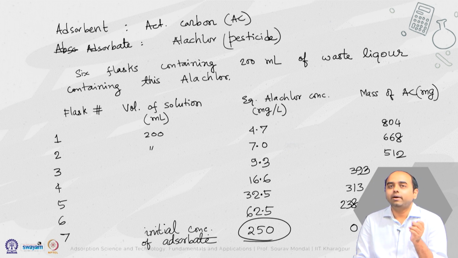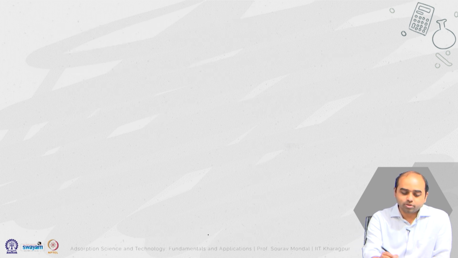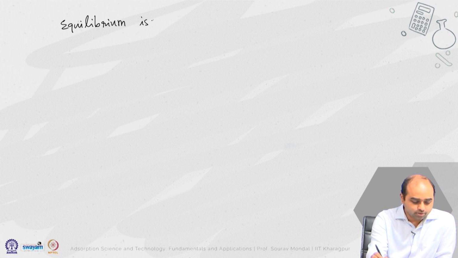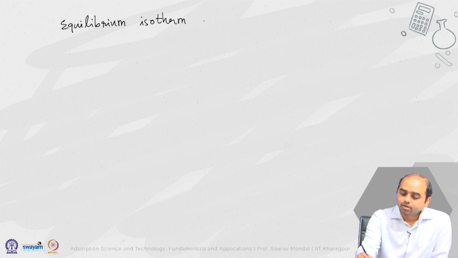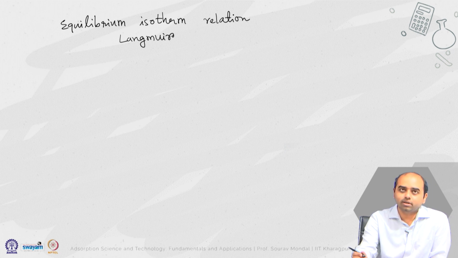So this is a small experiment done to find out the alachlor equilibrium concentration. From here the first question is to work out the equilibrium isotherm relation. We are looking for a Langmuir type model, though of course you can use the Freundlich model also.